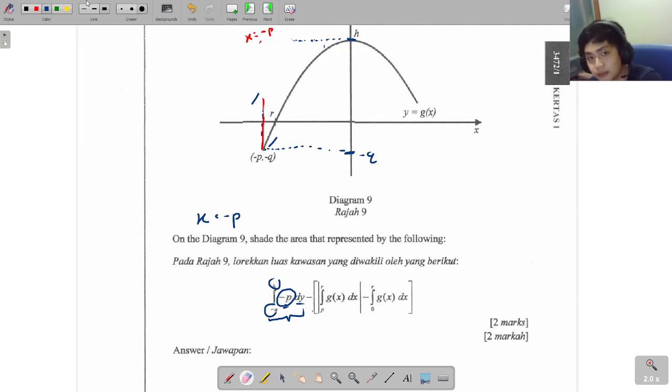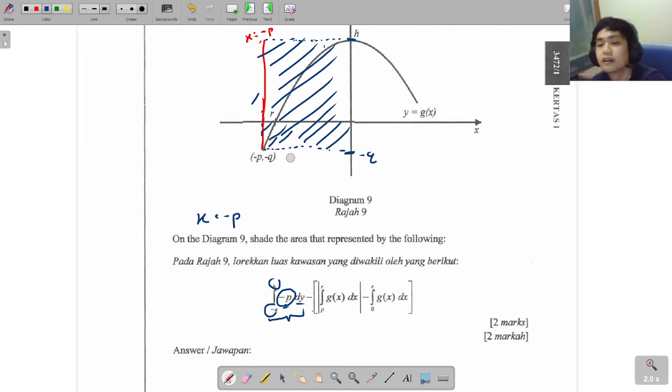I'll just erase this part because I think we will need to minus off some areas here. So maybe I'll just shade it. So this is what we have for now, right? They ask us to minus the modulus of the integral from R to P of g(x) dx.